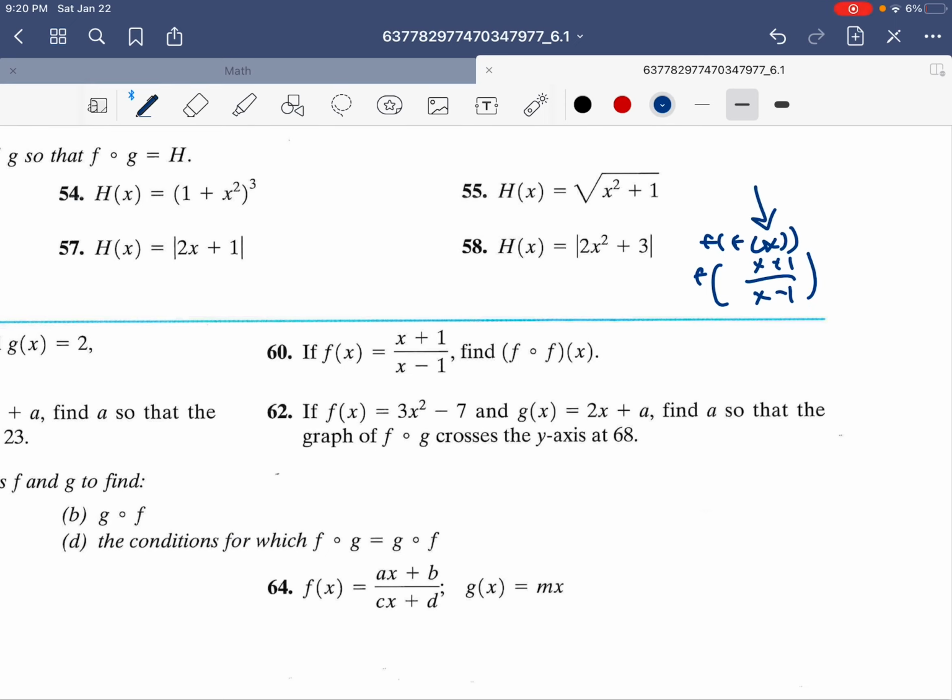Because this is this. But now you still have this on the outside, and you have to find this. So you're going to replug your new x into your little x's. So it's going to look like this, right? Because you're plugging it in.